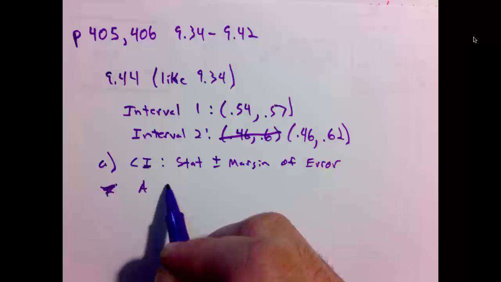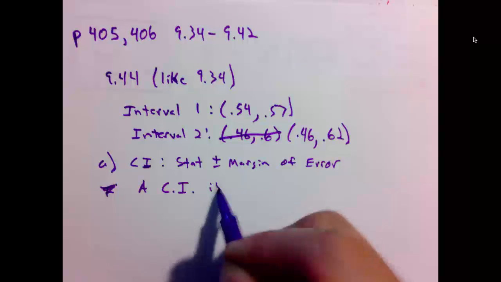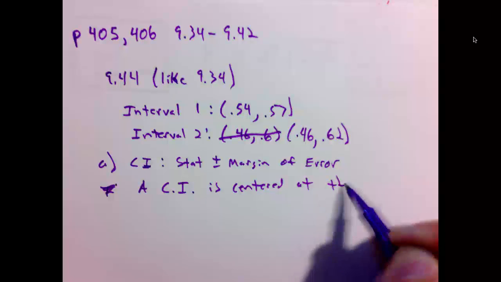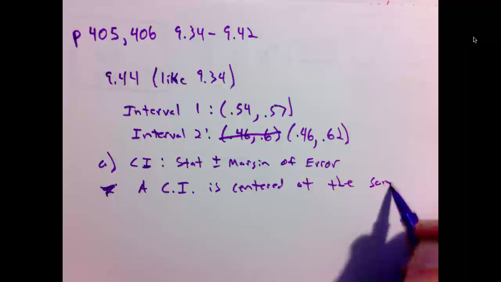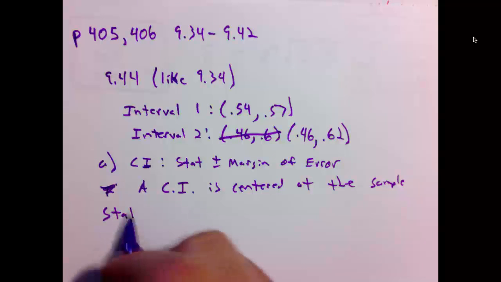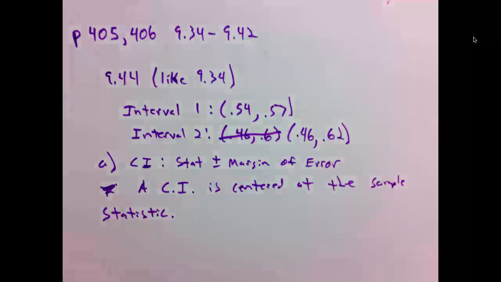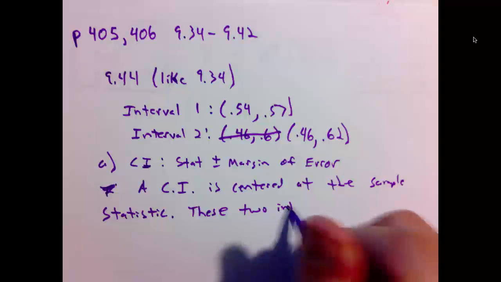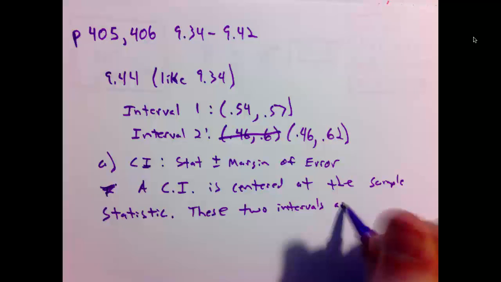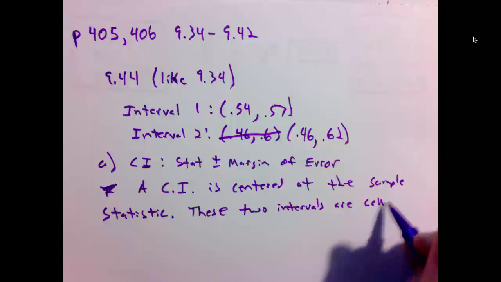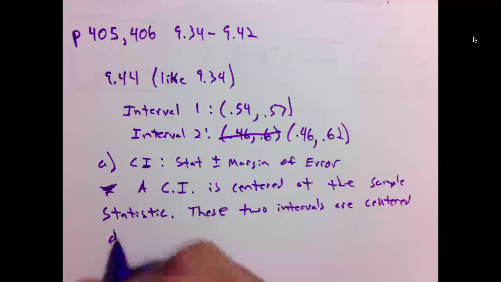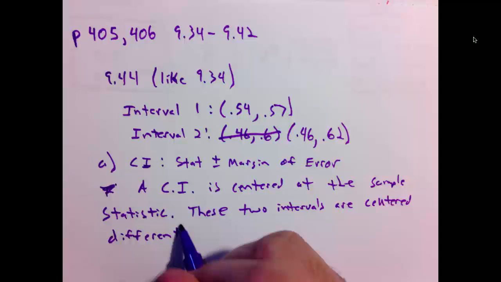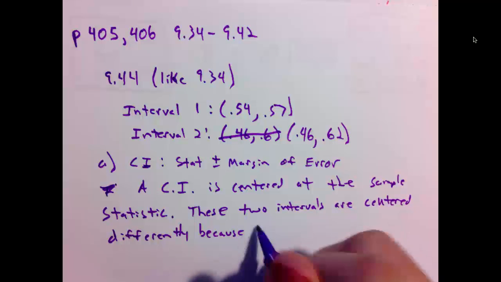A confidence interval is centered at the sample statistic. These two intervals are centered differently because they came from different samples.